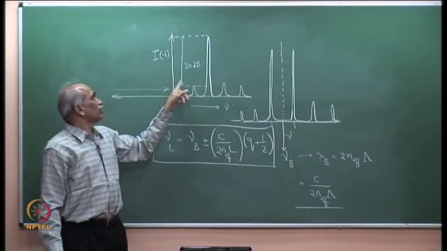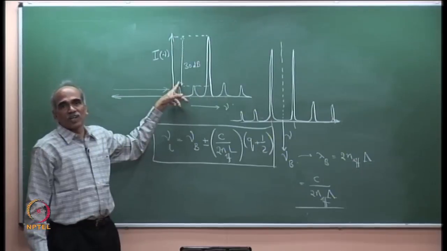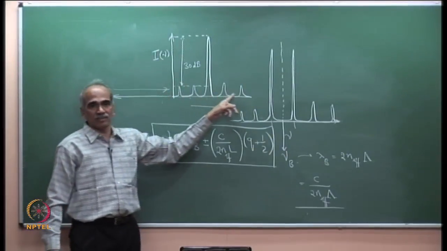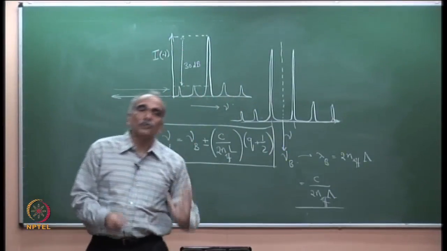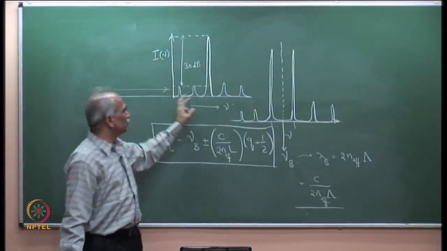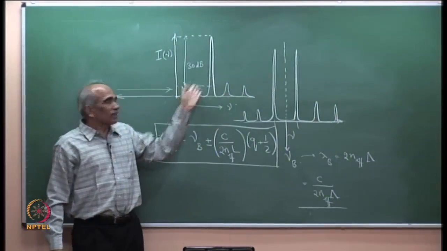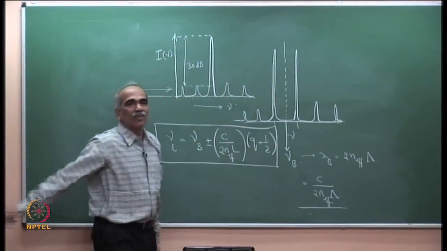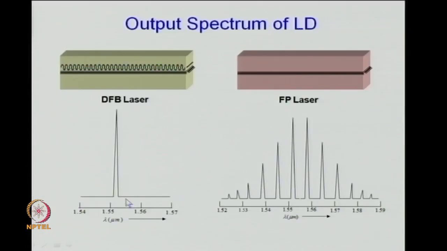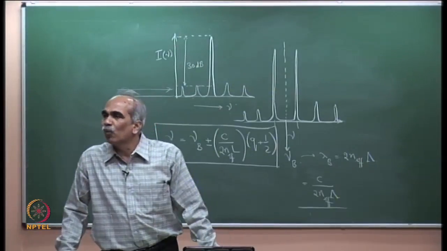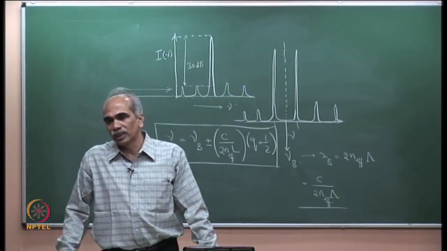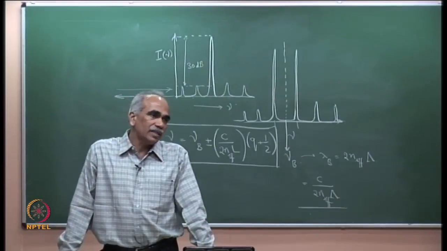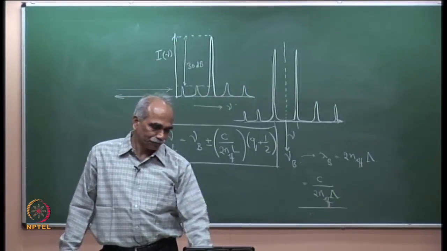This is 30 dB, 1000 times smaller. Only if you keep log scale, in the spectrum analyzer, will you be able to see this. Otherwise, the power here is 1000 times smaller, so on a linear scale it will just not be there. That is why here I have not shown any of this. Actually, there is a small amount. This is an illustration showing that it picks up one single longitudinal mode. So, DFB laser is a single frequency laser.